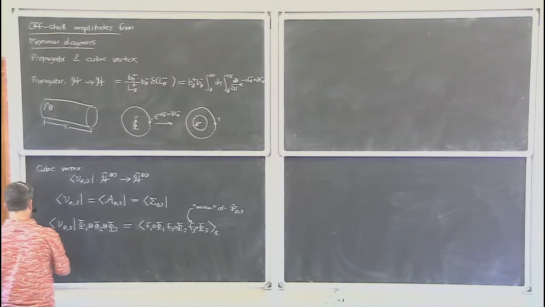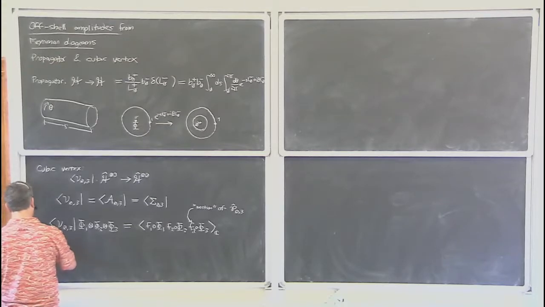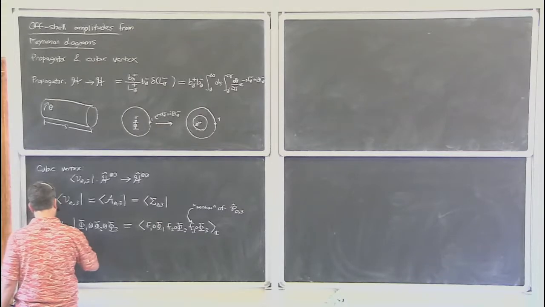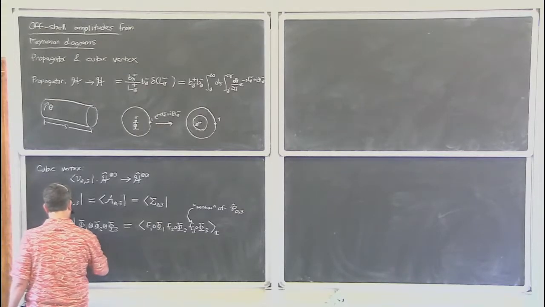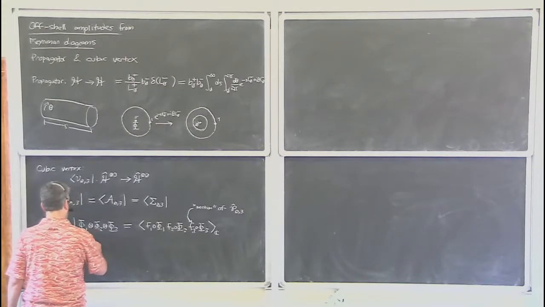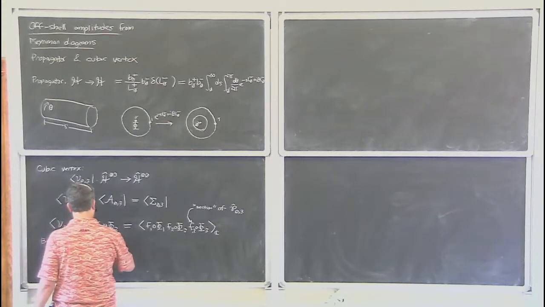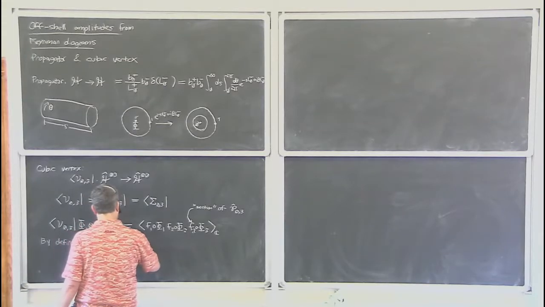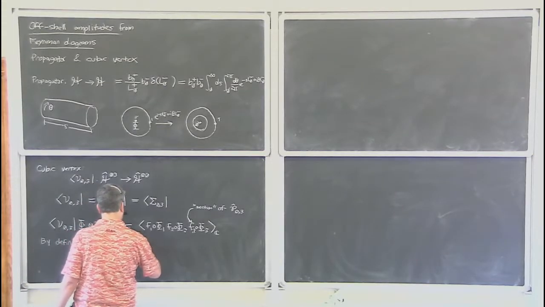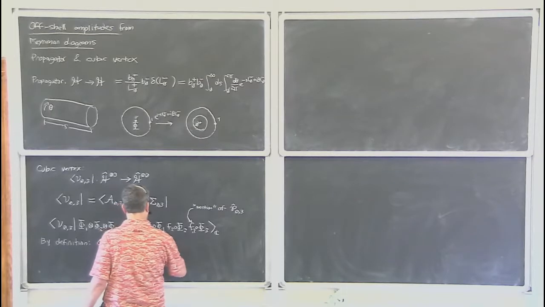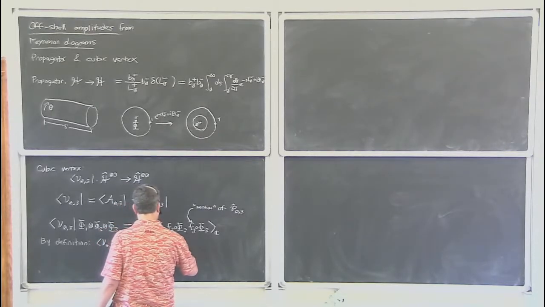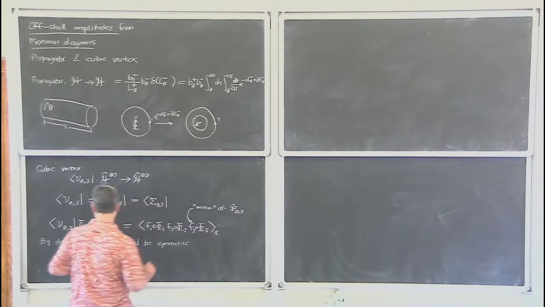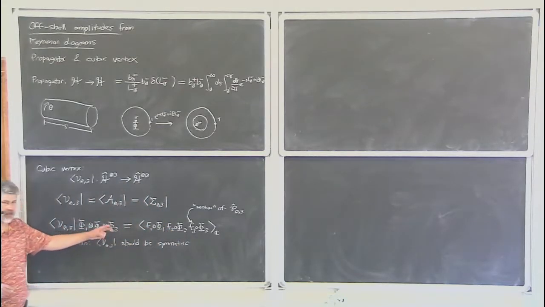One condition that's imposed by definition is that the cubic vertex should be symmetric under interchange of any of the two states that it's acting on.